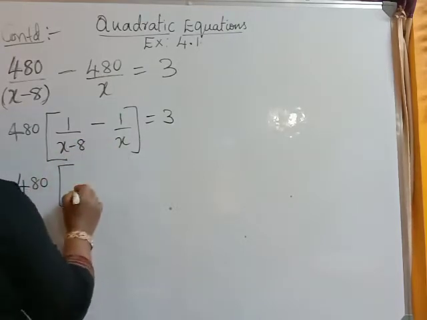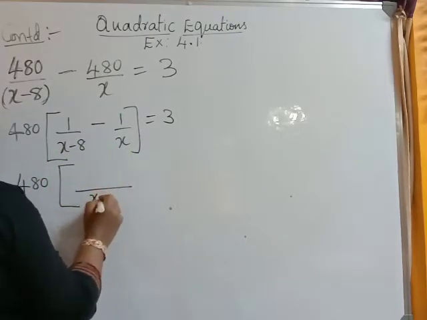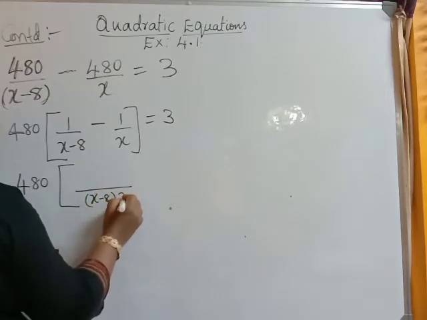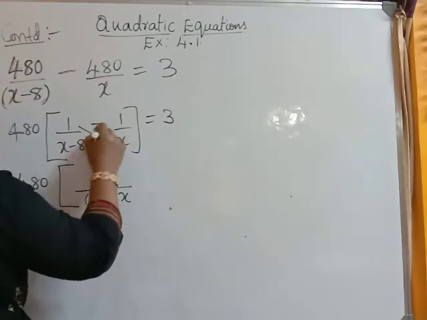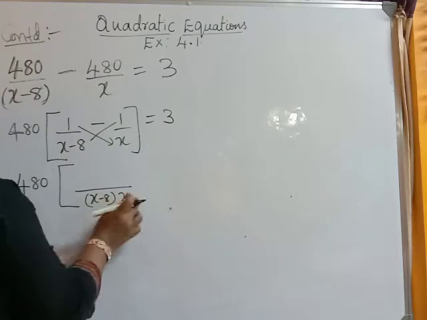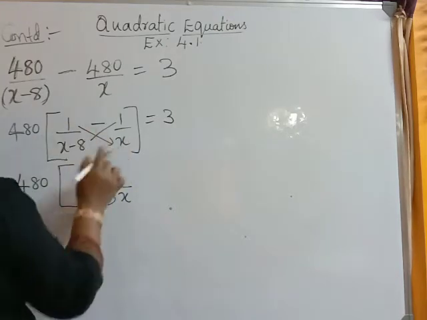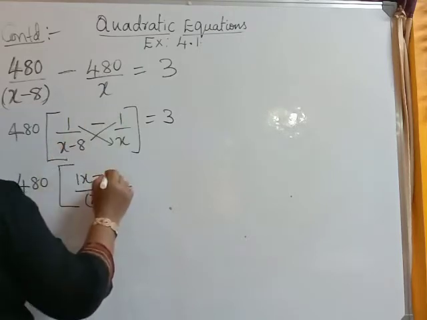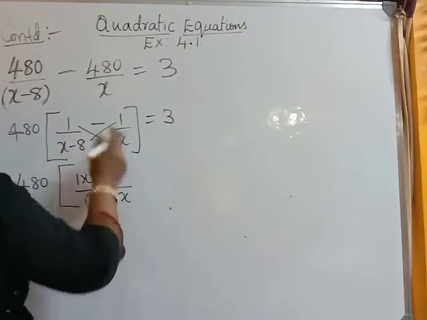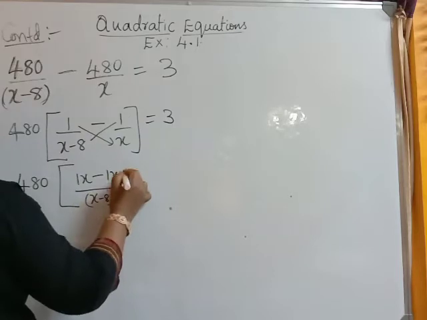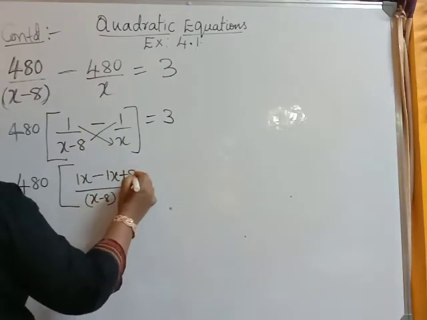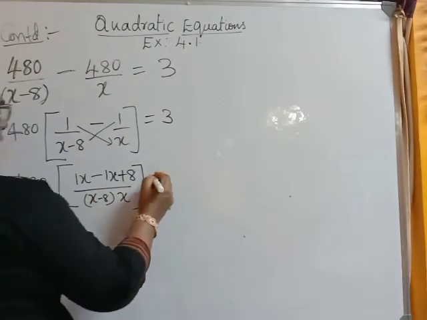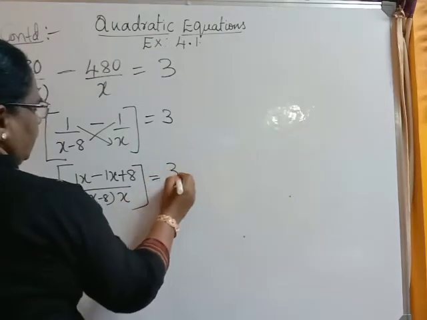Now what is the LCM of these two? It is x minus 8 into x. Write these down as two different factors and cross multiply. 1 into x is 1x, minus 1 into x is 1x, minus 1 into minus 8 means plus 8, is equal to 3.